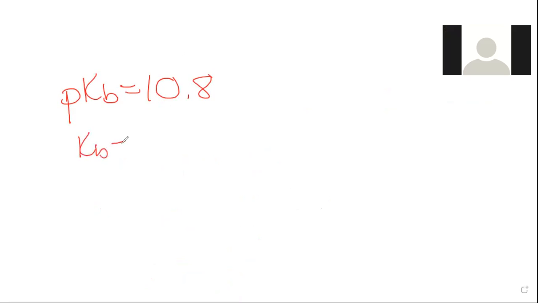By looking at the half equivalence point, you say the pKb is 10, maybe 10 and a half. The question before it said that the pKb was 10.8. So if the pKb is 10.8, then finding the Kb without a calculator is going to be pretty rough.